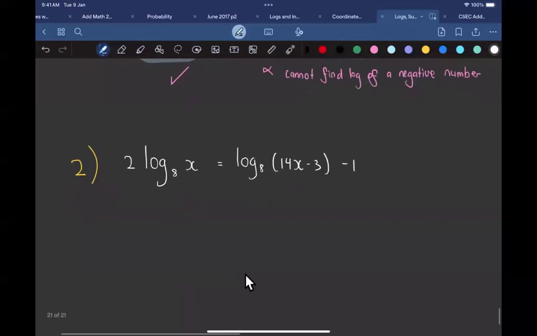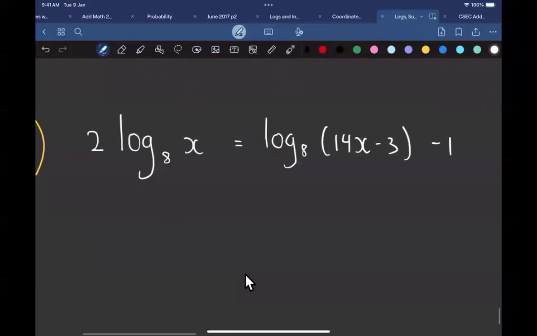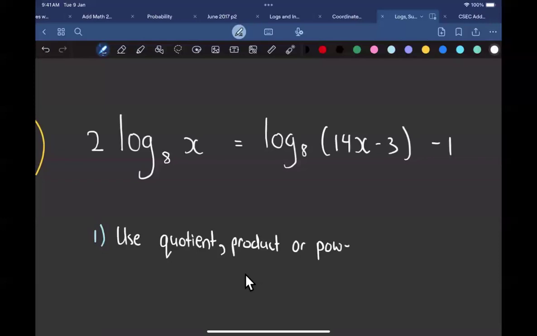So Aliyah, let me just run through the rules again. Whenever you're doing questions like this, normally the first rule is to use the quotient, product, or power rule.